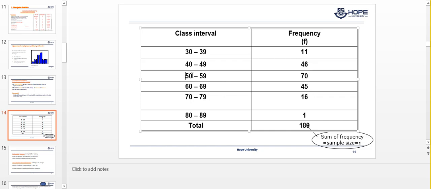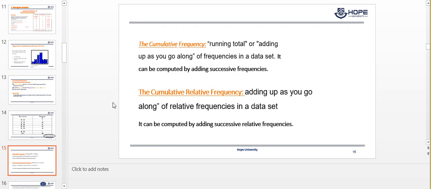If we have 50 to 59, we have 70 individuals in that age. Like that, all the way up to the total number of frequency. So this is the total number, and this is the age interval. This is an example.